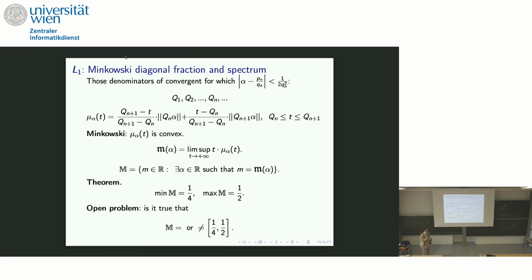You may remember that I said that the criterion is some kind of palindromicity. In the L1 norm, what happens? Instead of doing this, you should take an integer point, take this triangle, and rotate this triangle until you catch another integer point.